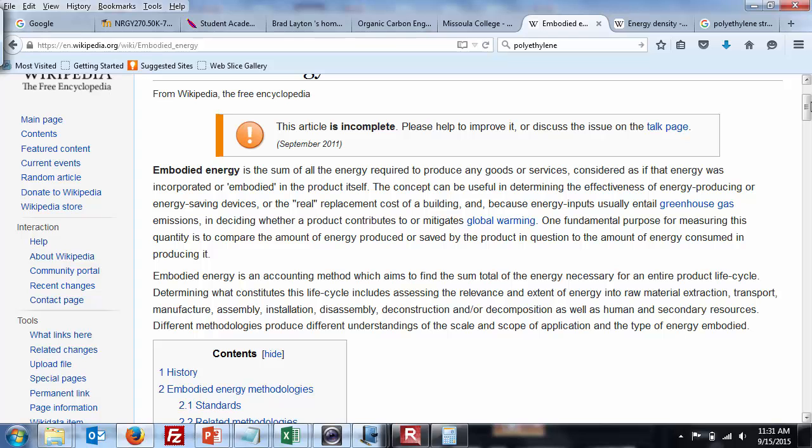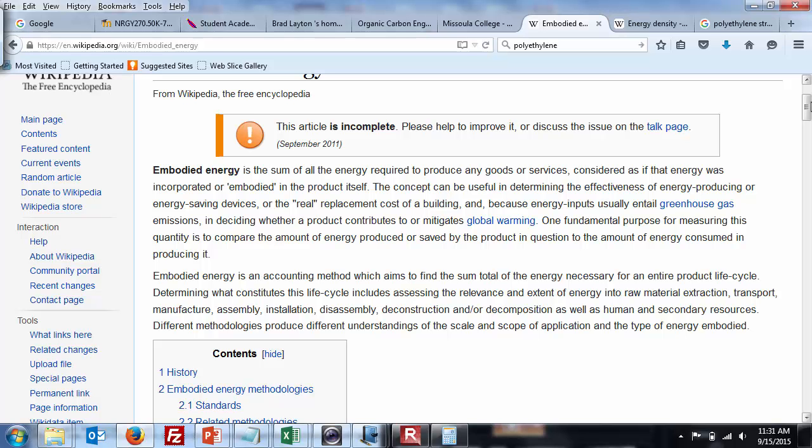Think about the energy density of a gallon of gasoline. It's sort of there, ready to be consumed, but to become that gallon of gasoline, a lot of embodied energy went into it. So the fact that it's now ready to be used as energy, there's a cost of doing business.